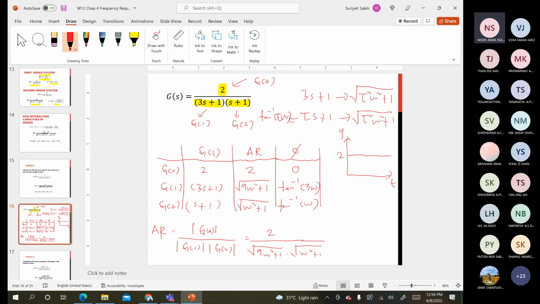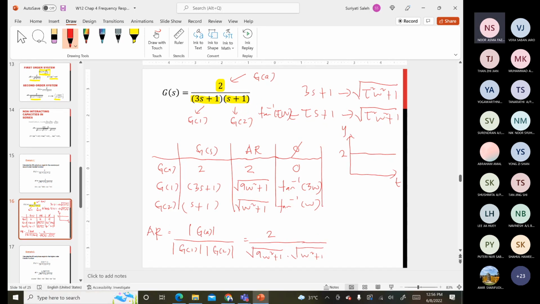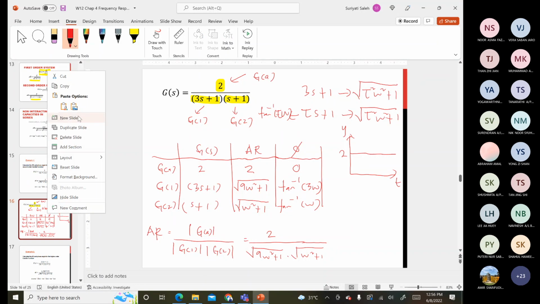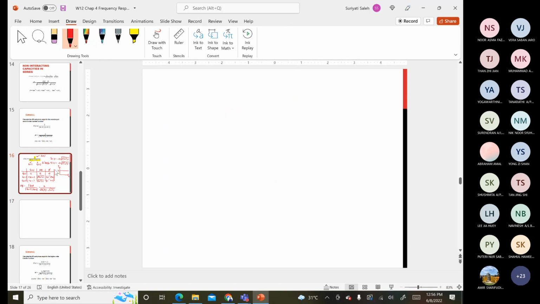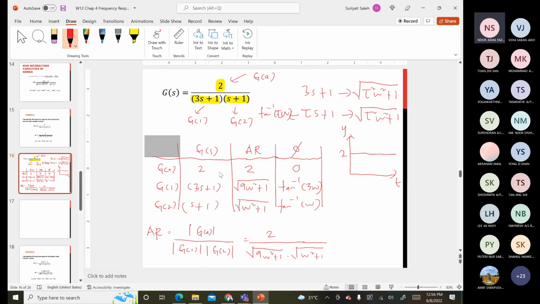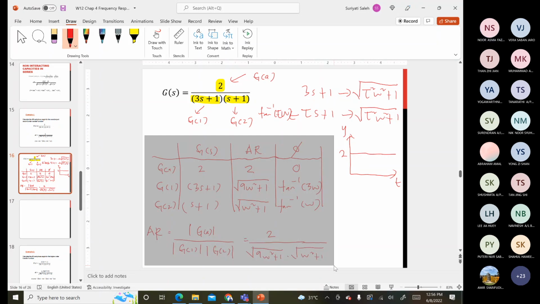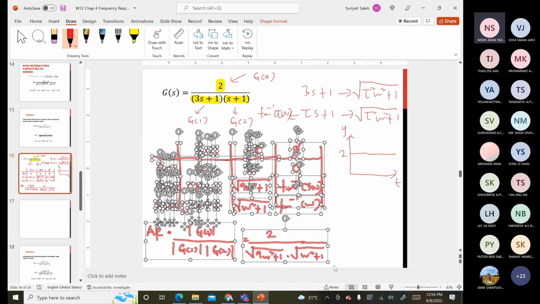The next step is to obtain the phase angle. So for the phase angle, let's say you have it like this. I just copy it.